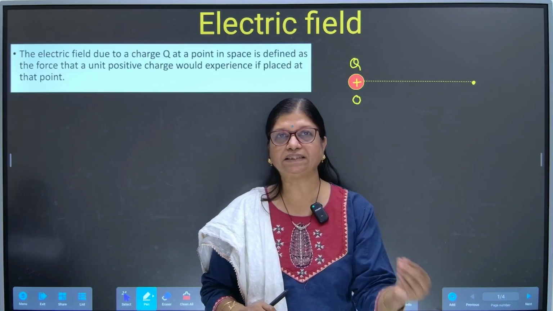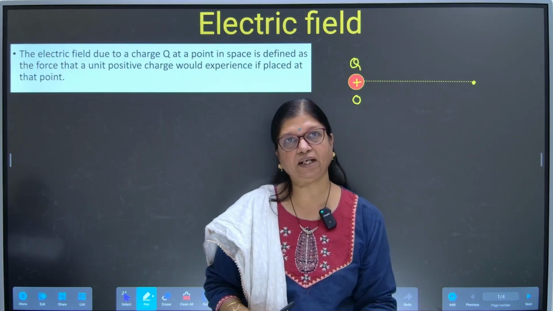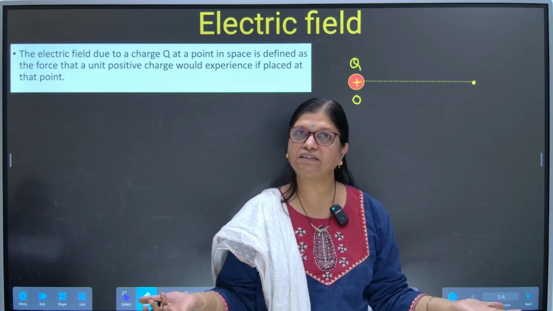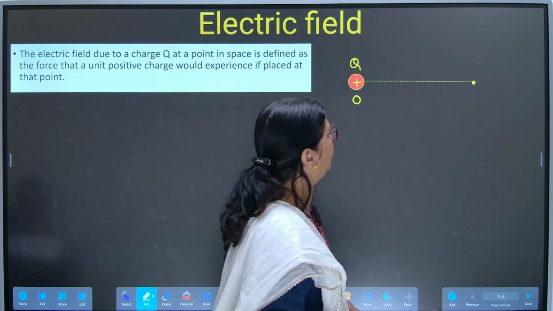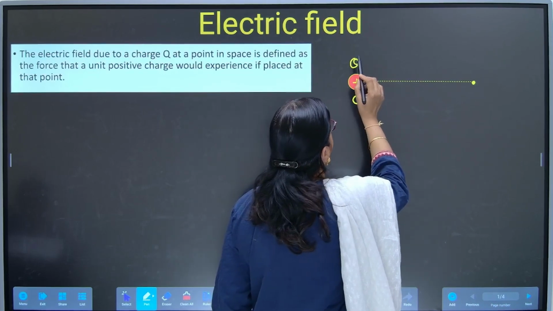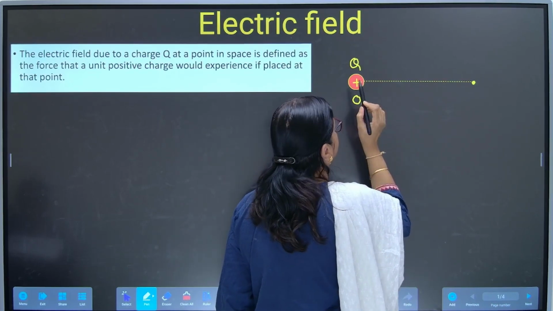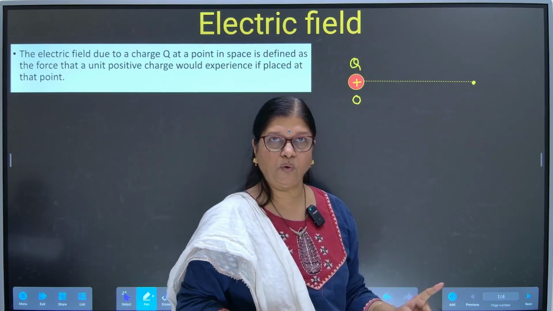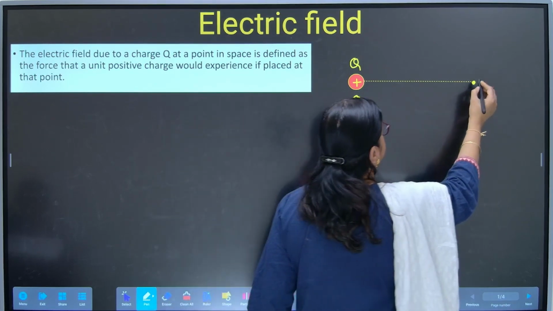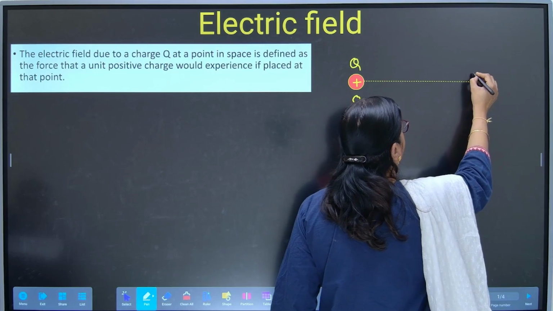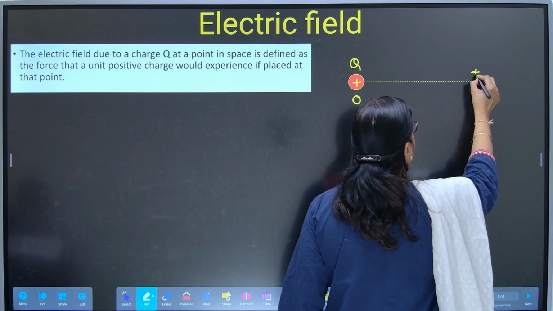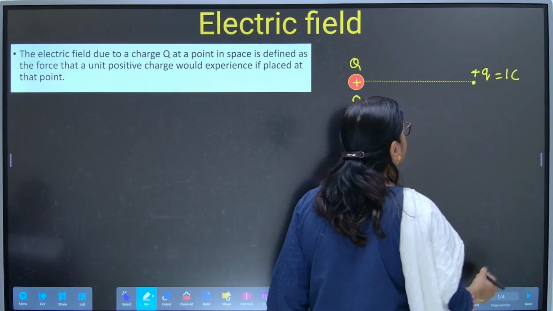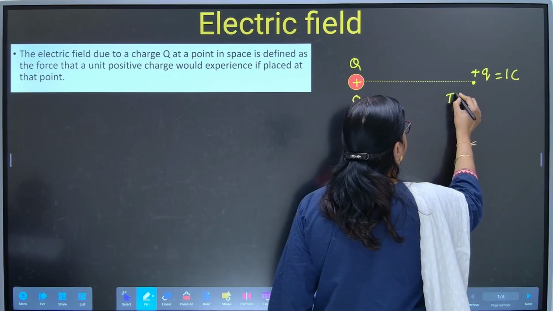Similarly, to understand whether electric field is there around the given charge Q, we must use a test charge. Correct? So let us consider a charge Q whose electric field we want to know, placed at the origin O. Let us consider another small charge plus Q equal to 1 coulomb as a test charge.